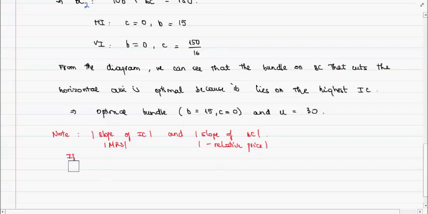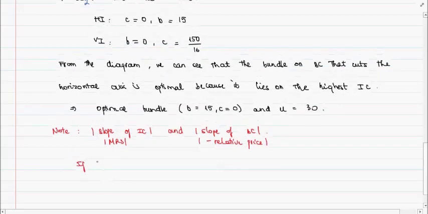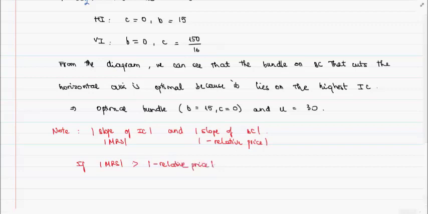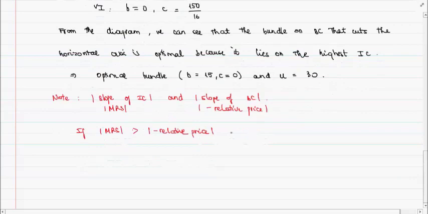So if the absolute value of the marginal rate of substitution is bigger than the absolute value of the relative price, then the optimal consumption bundle is going to be the bundle on the horizontal axis.